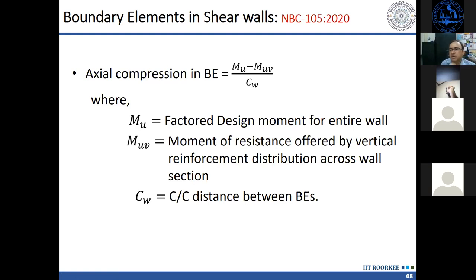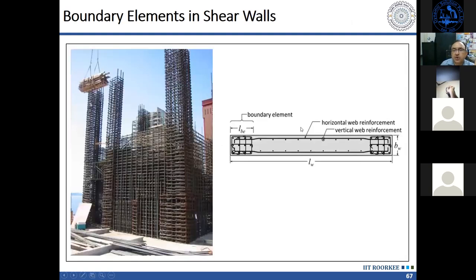Now in the recent version, when it was revised in 2016, this formula was dropped, and what the IS code demands is that we should consider the full section of the shear wall, and all the reinforcement in that full section, and we should design this full section for the combined action of P and M. So we have to develop a PM interaction curve similar to columns for this whole section, and that curve should be such that all the applied pairs of P and M should be within it.